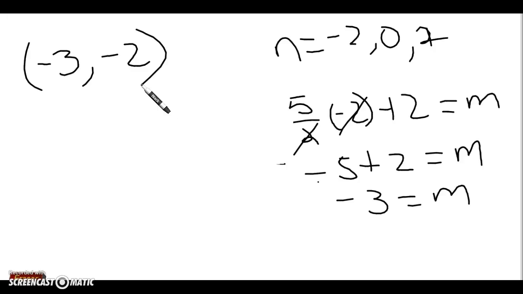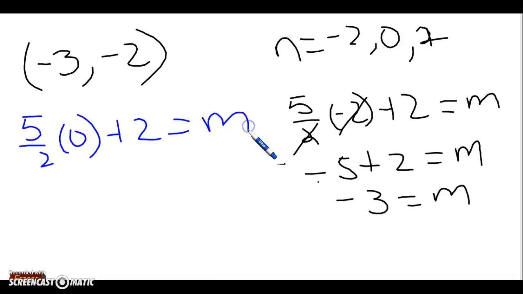So I have 5 over 2 times 0 plus 2 equals m. That's an easy one. I just get 2 because that crosses out. And so when m is 2, n is 0. I'm sorry, I wrote that backwards.